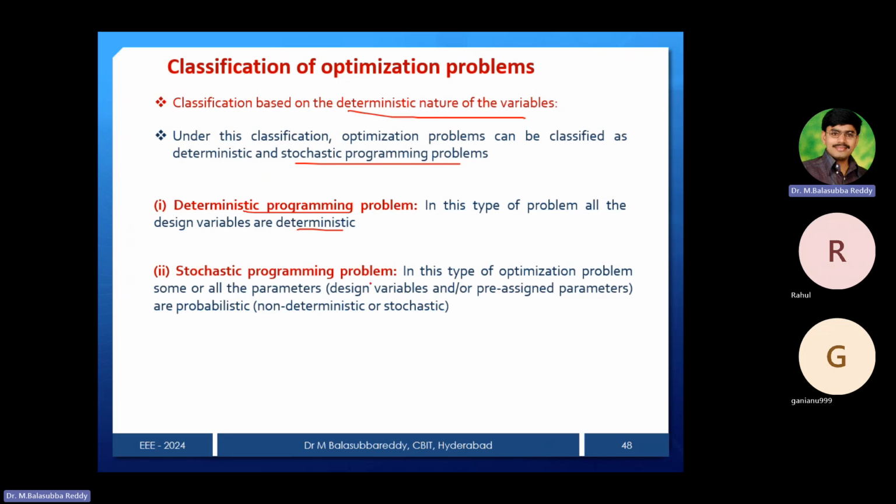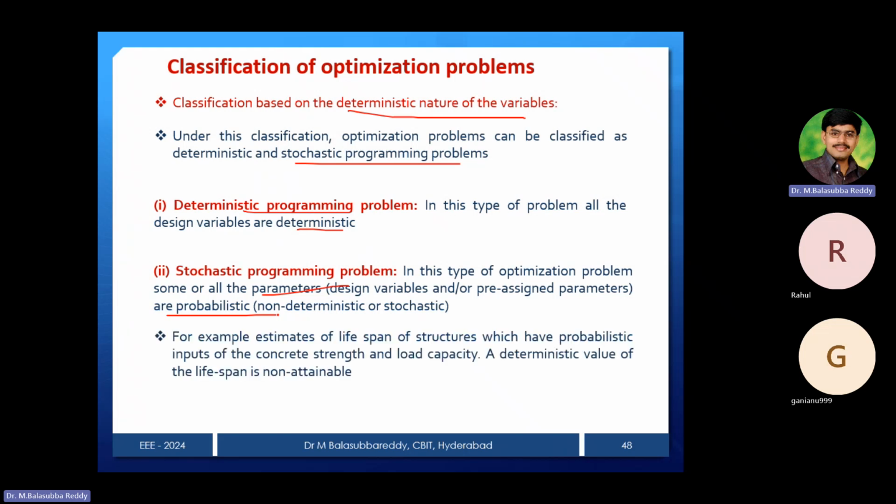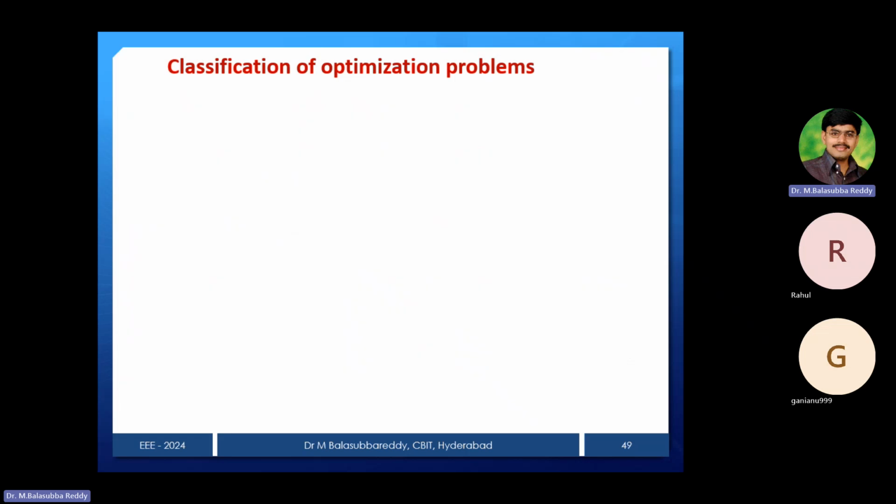In the stochastic case, some or all of the parameters, that is the design variables, are probabilistic. That we call a stochastic problem. For example, the lifespan of a structure, which has probabilistic inputs of concrete strength and load capacity. Based on this only, we are able to find the lifespan of that structure.